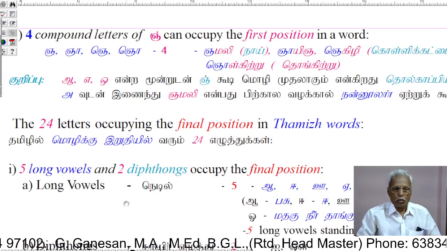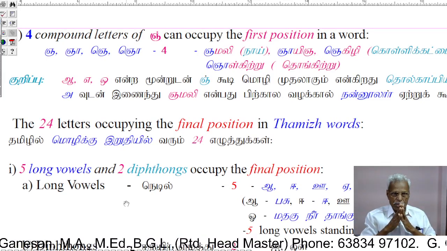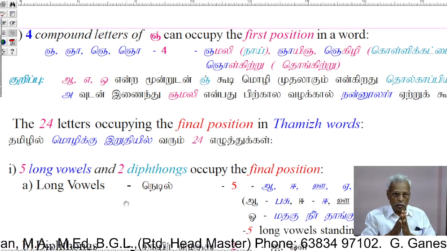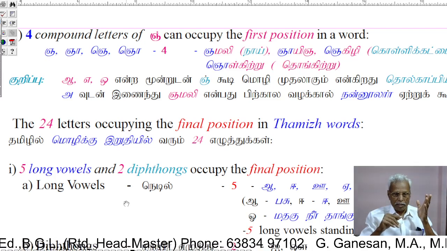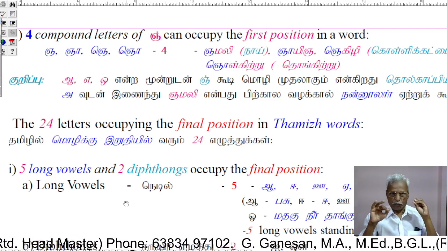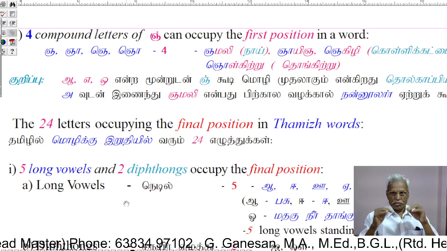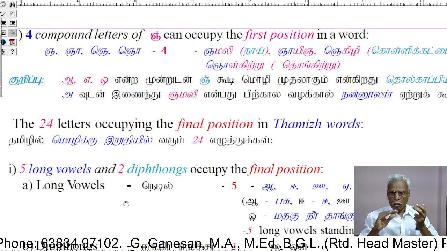Then the compound letters of ing. Out of the 12 compound letters, 5 compound letters of ing could occupy the first position in a word. Nya, nya, nye, nyo. These are the compound letters of ing. See the words. Nyamali means dog.